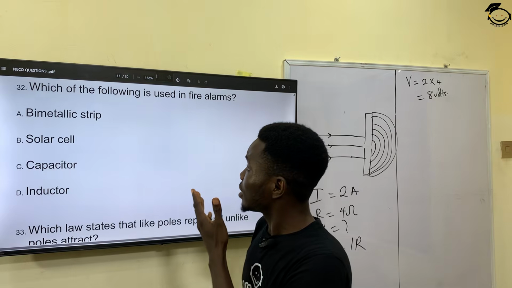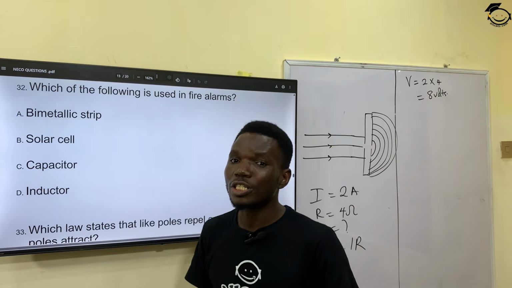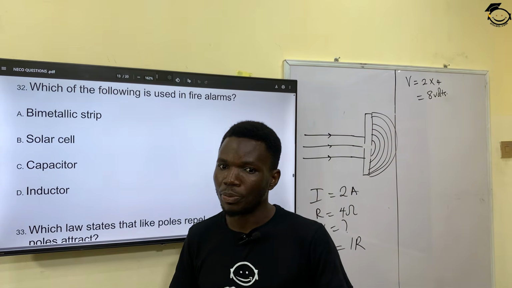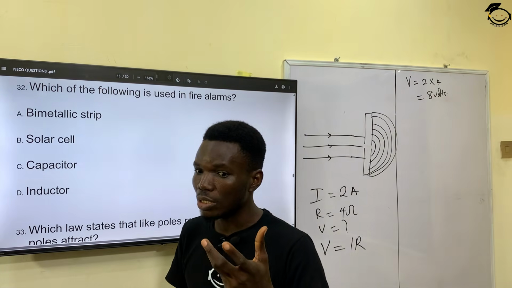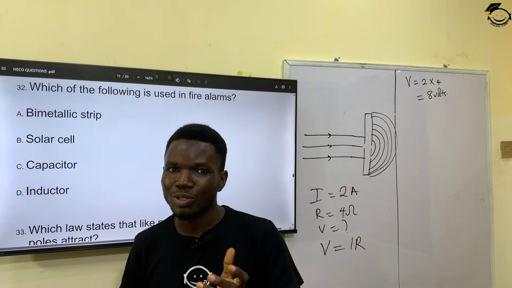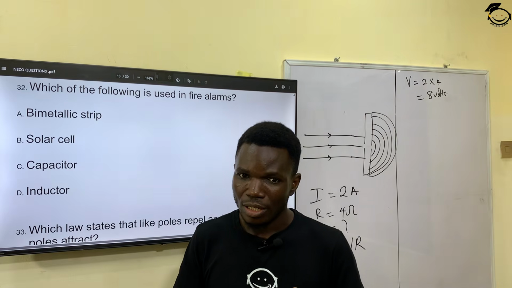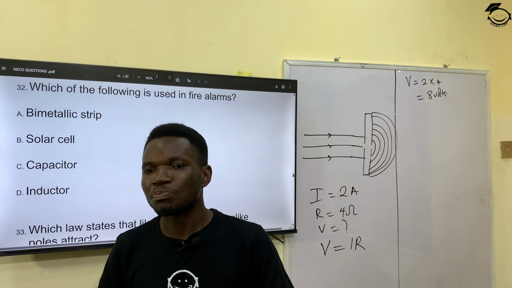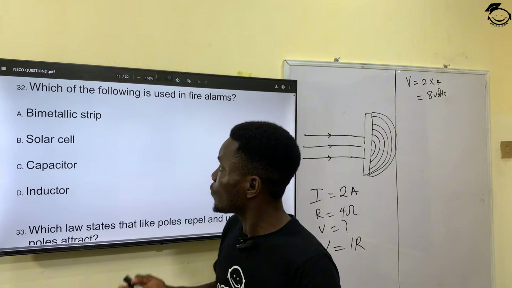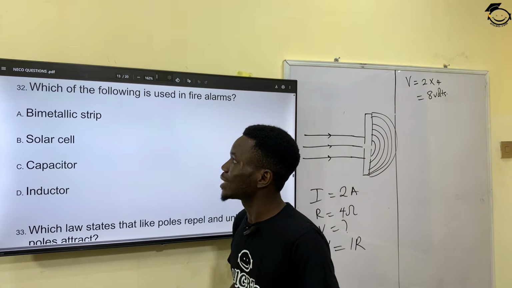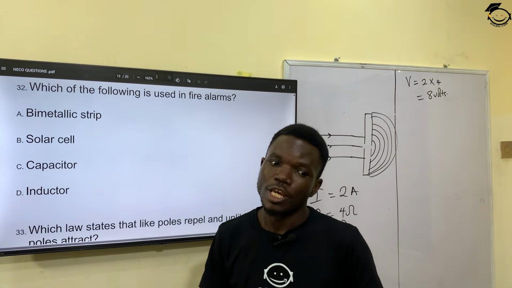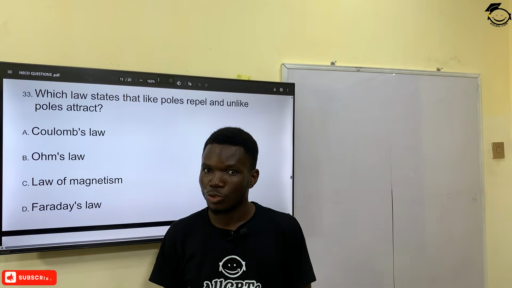And this device operates using what we call the bimetallic strip. So the bimetallic strip is 2 metals that are joined together, and when there is heat as a result of fire, they expand. So the fire alarms use what we call the bimetallic strip, which is what? Option A.